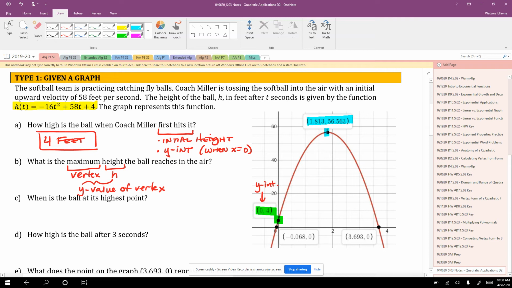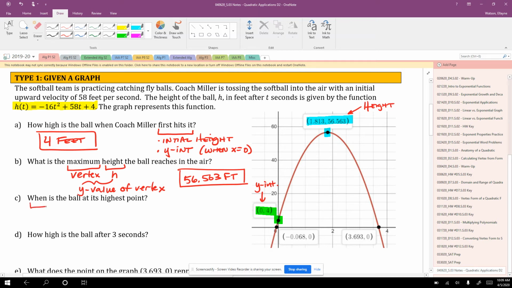So this is our vertex, that point right here, and this is our y value, so that's the height. So the height here will be 56.563 feet. So how high does the ball go? 56.563 feet.